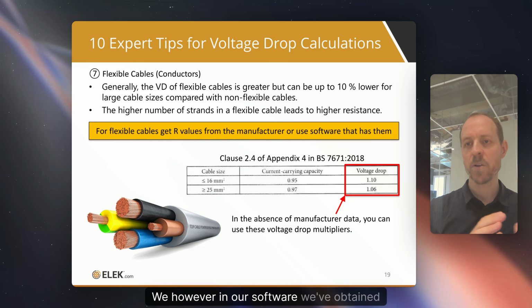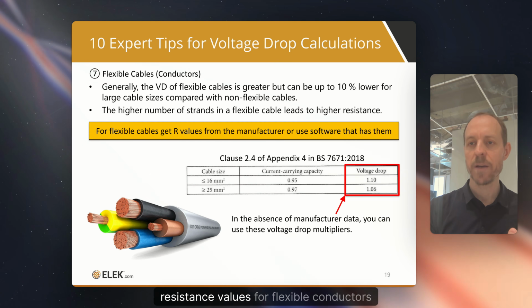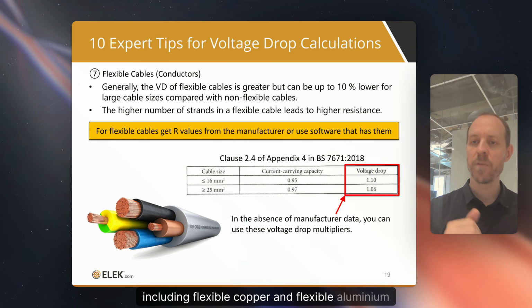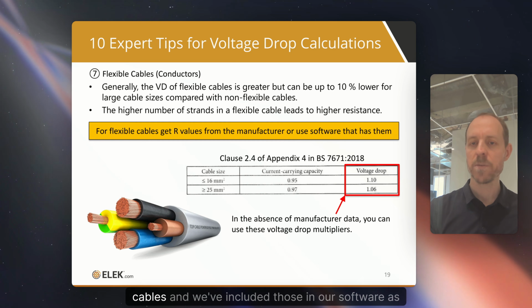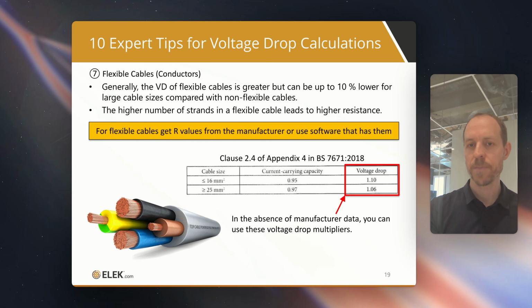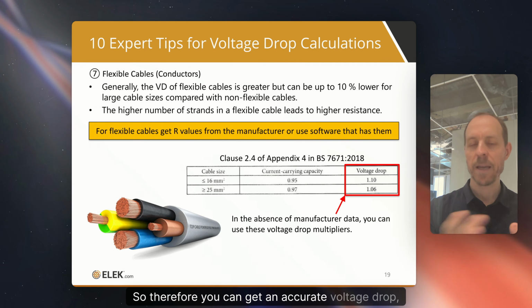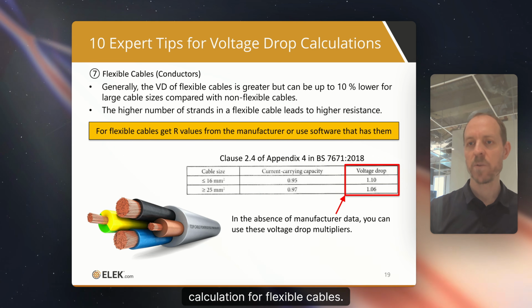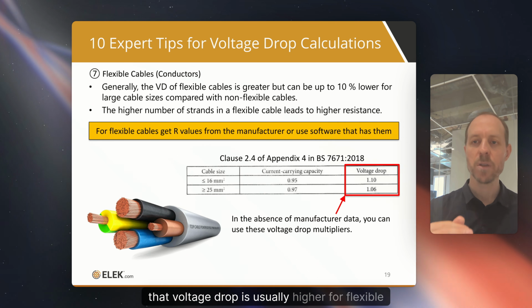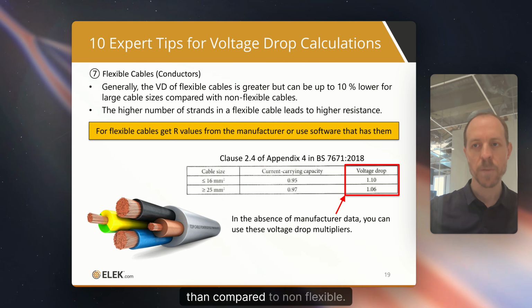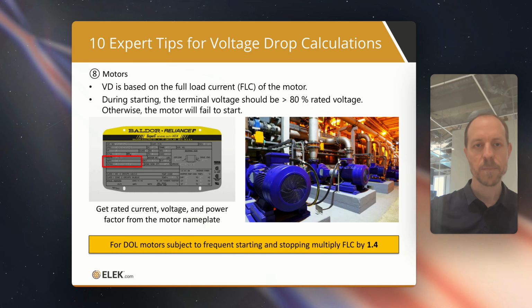In our software, we've obtained resistance values for flexible conductors, including flexible copper and flexible aluminium cables, and we've included those in our software as options. So you can get an accurate voltage drop calculation for flexible cables. But remember that voltage drop is usually higher for flexible cables compared to non-flexible.